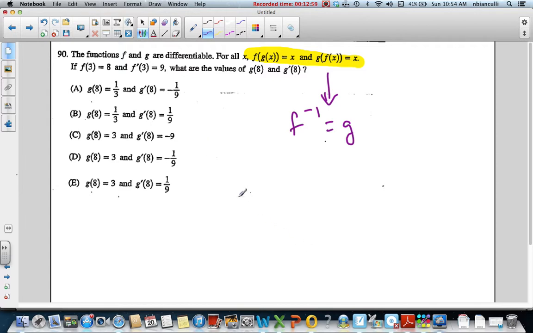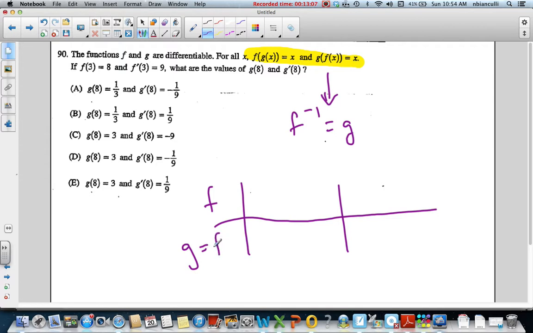And this is where that little chart that I showed you kind of comes in handy. So we have f and we have g, which is f inverse. We know f of 3 is 8. Well, since g is the inverse, that means g of 8 is 3. Then we knew f prime at 3 was 9.